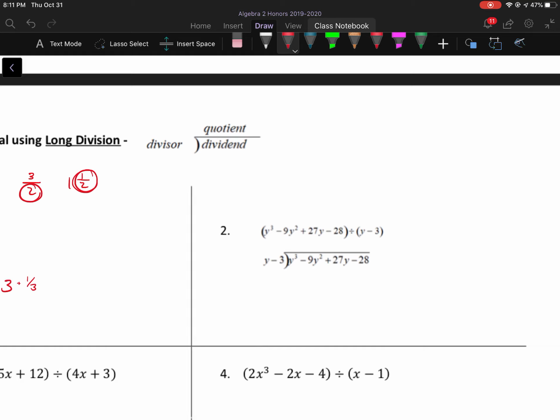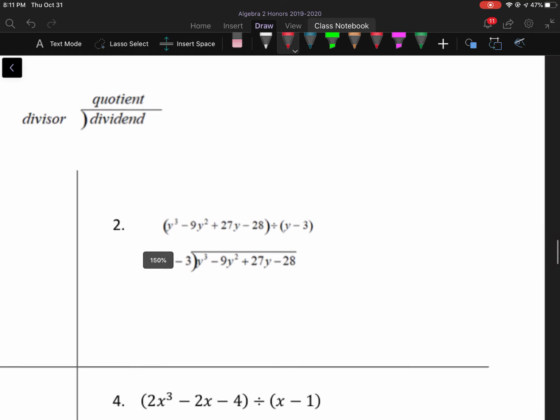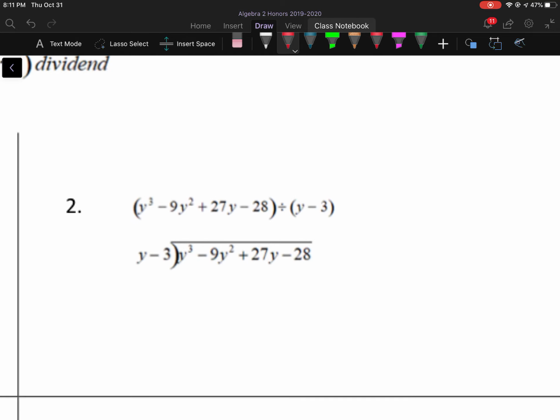Now, when we start getting ugly like these guys over here, there's going to be a little bit more thinking that we have to do. So if we look at how I wrote the question for you, I already set it up in your long division template, if you will. So the first thing I'm going to do is look at this y to the third right here, and think about what I have to multiply this thing by.